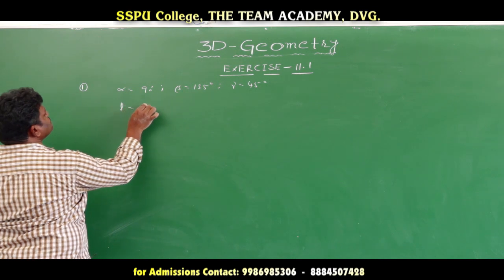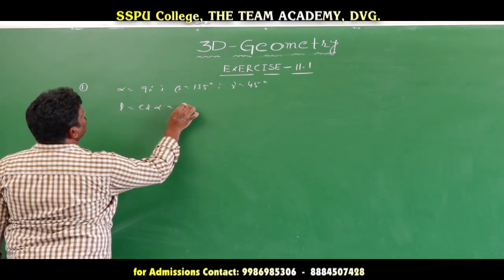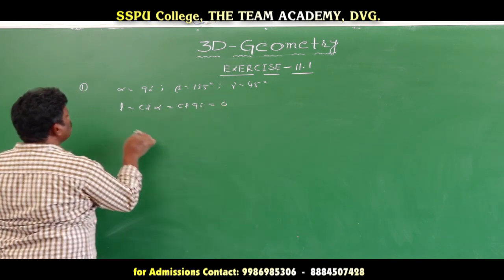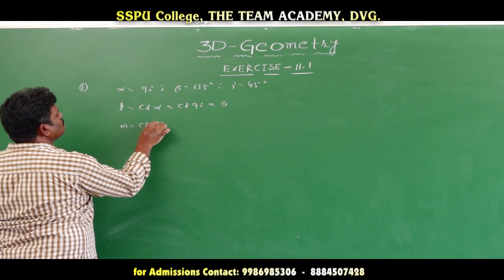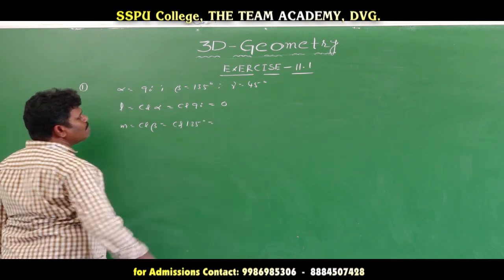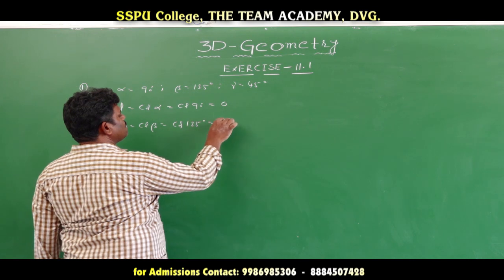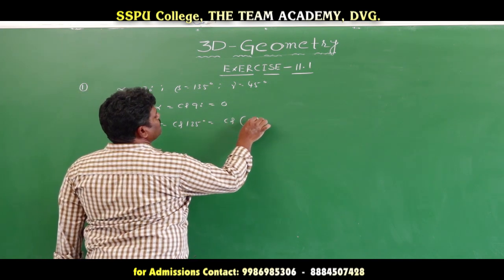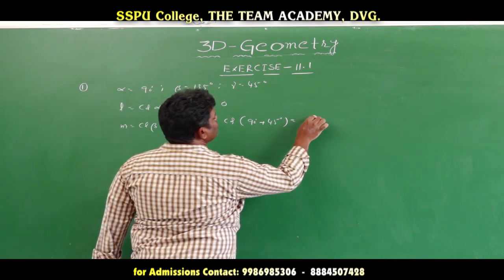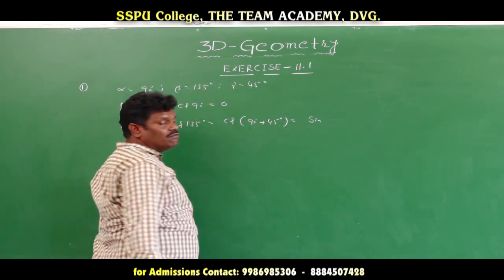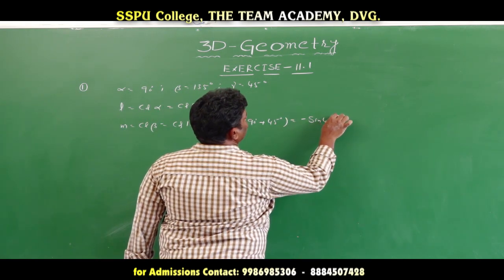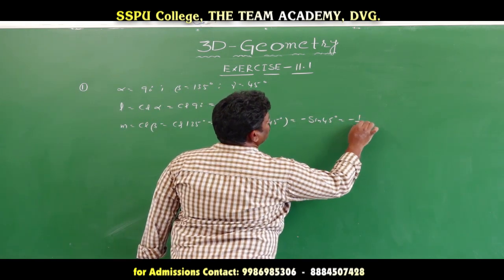Direction cosines: l is equal to cos alpha, which is cos 90 degrees, equal to 0. m is equal to cos beta, which is cos 135 degrees. How do we write cos 135? Cos of 90 plus 45 degrees. Here with 90, cos becomes sine, and it is in the second quadrant, so minus sin 45 degrees, which is minus 1 by root 2.